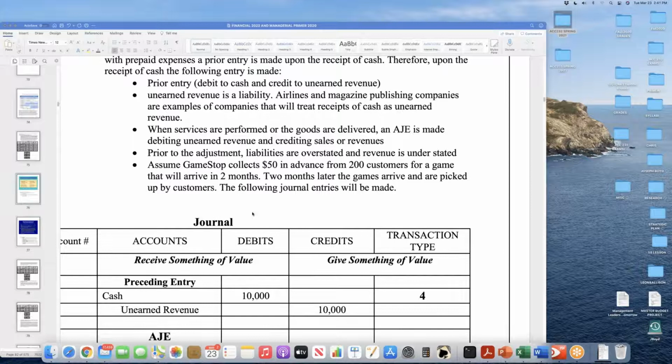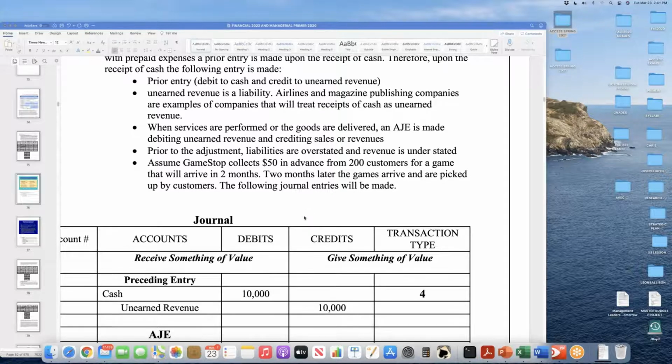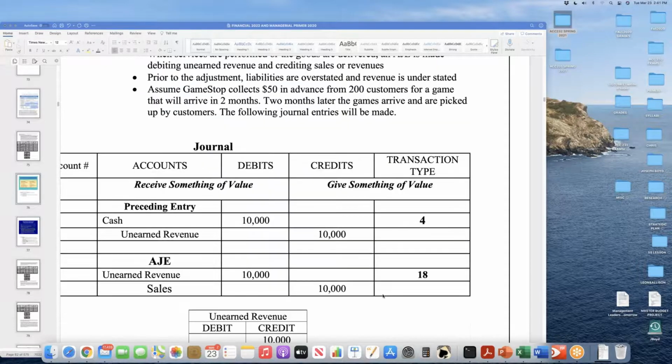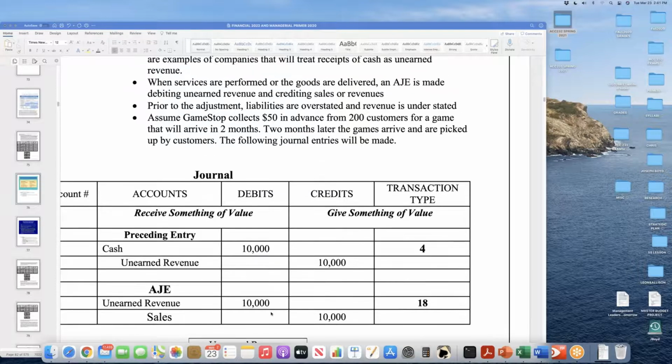Then when the customers come and pick up the games, that's when they make the AJE. So this is a preceding entry: we got the cash in advance. Then once we perform the services, we debit unearned revenue and credit sales.